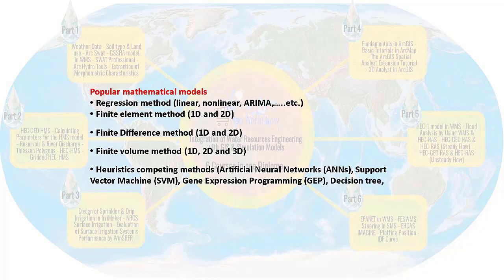Heuristic competing methods: artificial neural networks, ANN, support vector machine, SVM, gene expression programming, GEP, decision tree, random forest, etc.